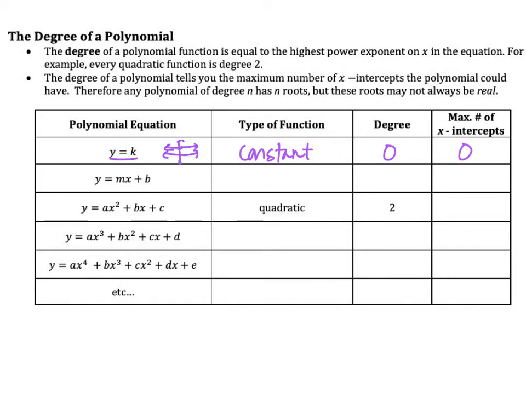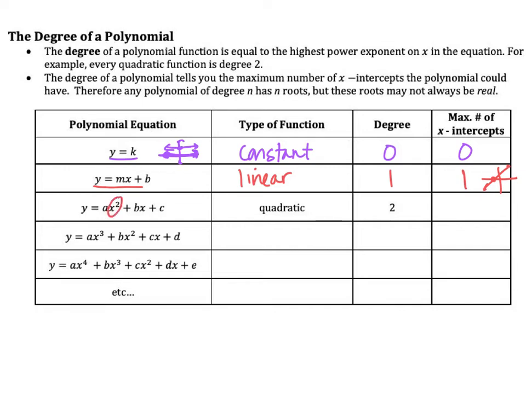This is your constant going through here. The only time it would have infinite intercepts is if it was actually the x-axis, if it was y equals 0. Otherwise, it's going to have 0 intercepts. For a linear equation, y equals mx plus b, it has one x-intercept or one root, right? It's going to intersect the x-axis at one point.